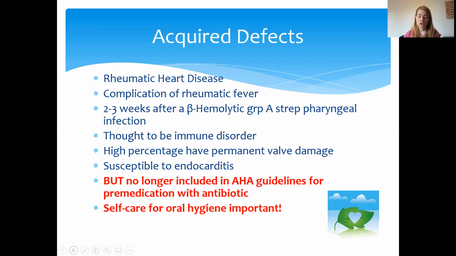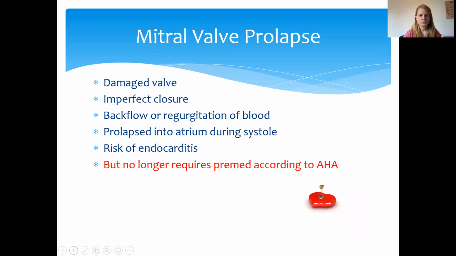This immune disorder was caused by the body's sensitivity to antigens of that strep bacteria. But like I said, it's no longer on the pre-med list, but we do need to be aware and make sure that we are talking to those patients about good oral hygiene so that they do not have a bacteremia introduced even by themselves at home that causes a problem.